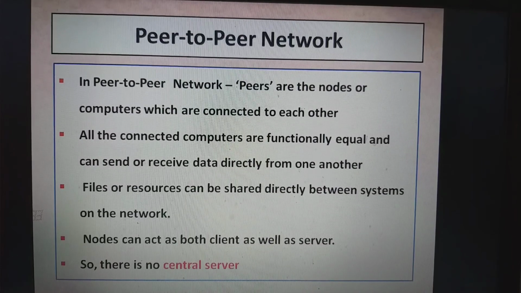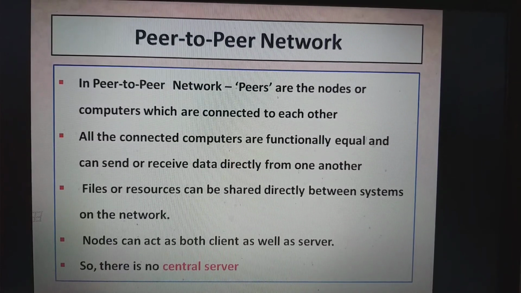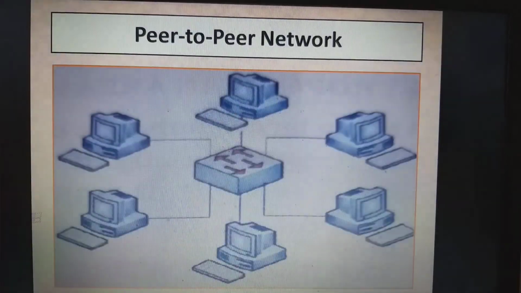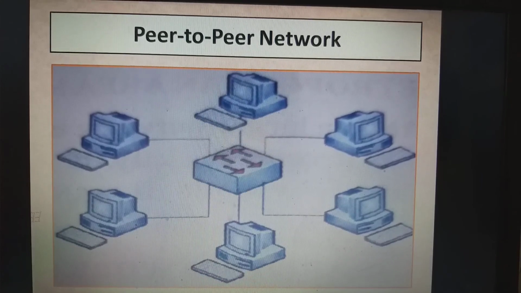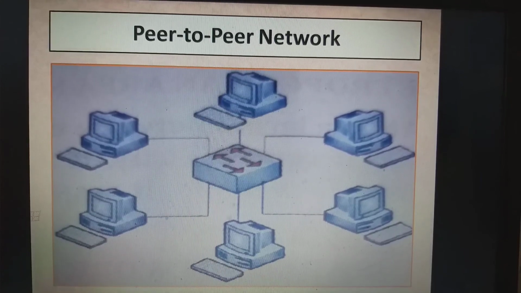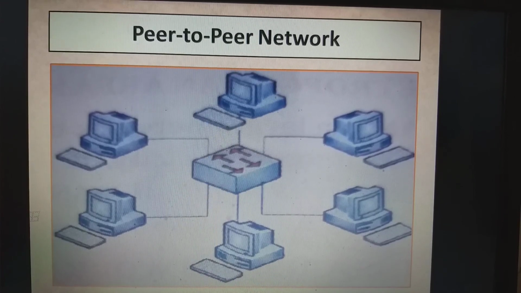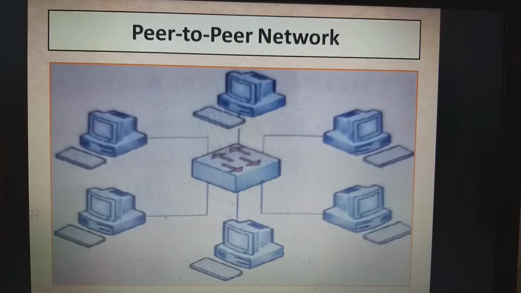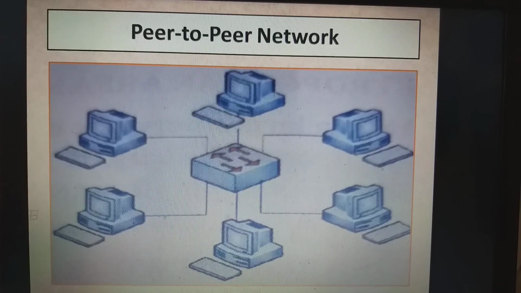Nodes can act as both client as well as server. So, there is no central server. In the diagram of peer-to-peer network, 6 computers are connected to each other through a hub. In this type of network, files or resources can be shared directly, so there is no central server to control the resources. Connected computers can work independently.